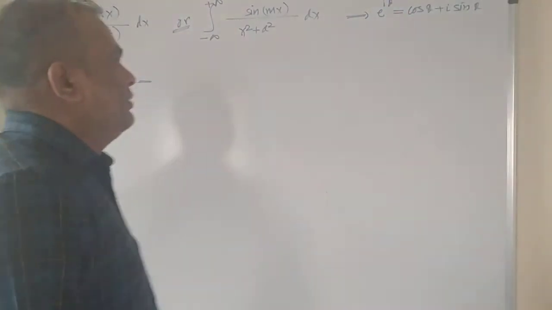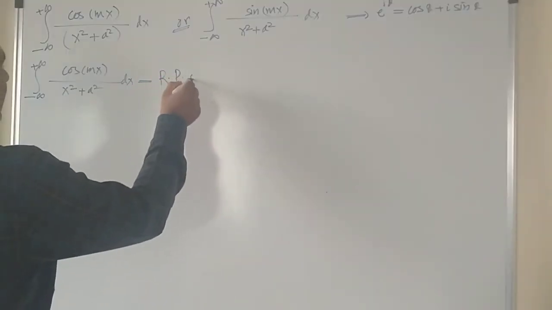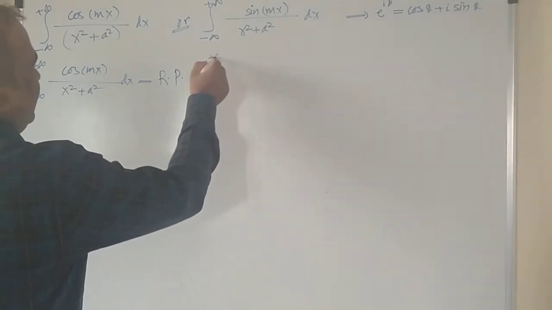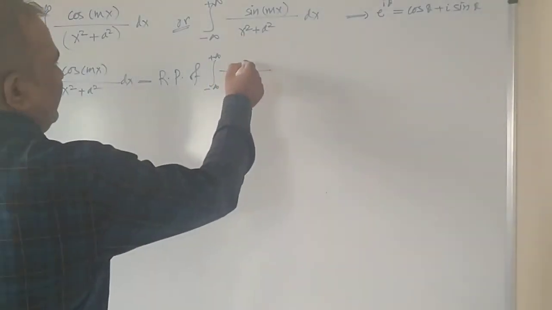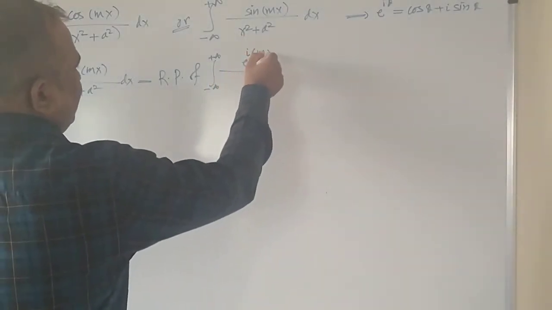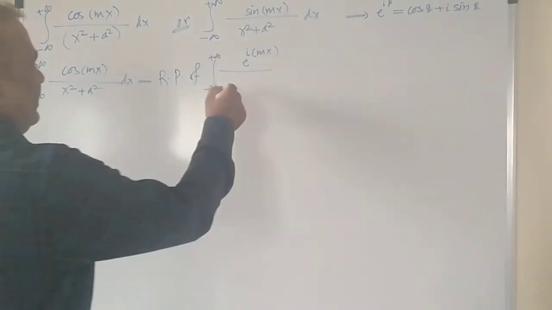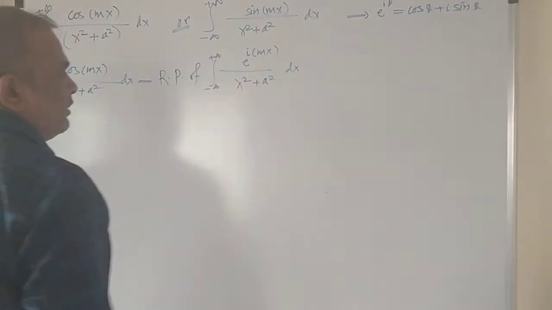Cos is the real part of e raised to i theta, so I can say this is the real part of the integral from minus infinity to plus infinity. Instead of writing cos of mx, I can write e raised to i theta. What is the value of theta? Theta is mx, divided by x square plus a square into dx.